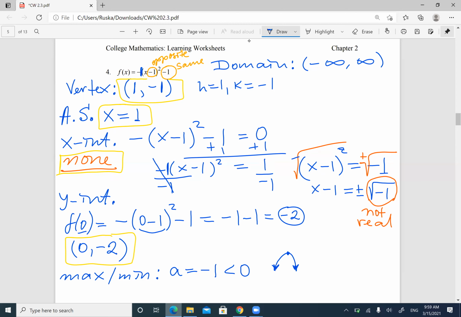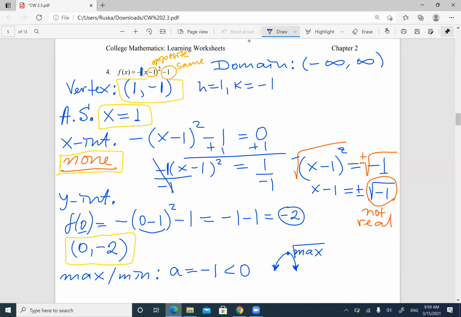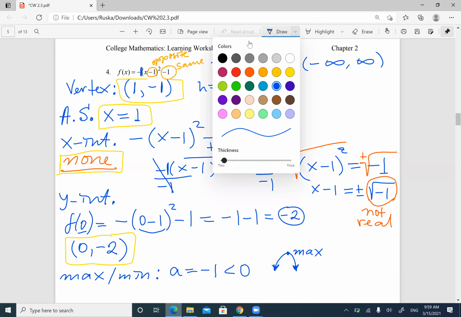The highest point, which means the maximum point. That's right. Everybody understanding that? So in this case, you're going to have a maximum, and the vertex is going to be the maximum point.